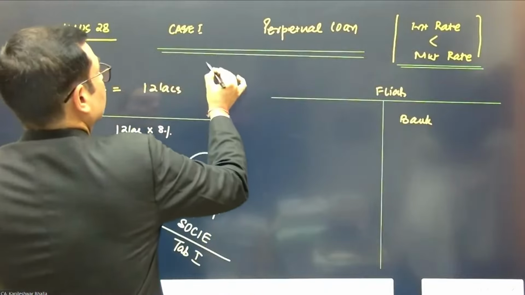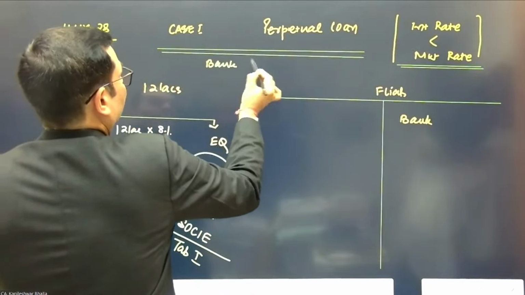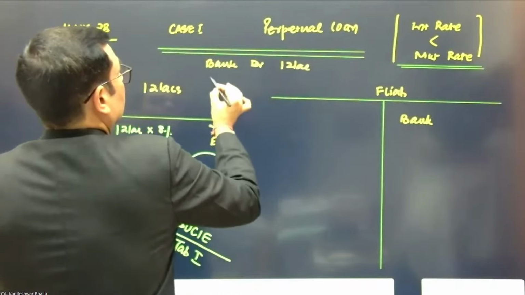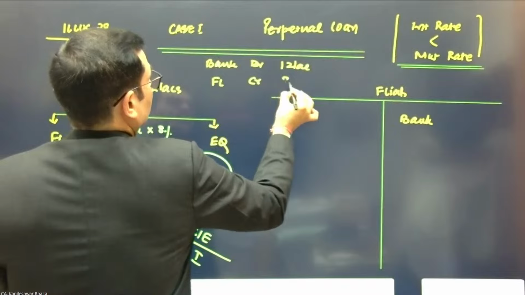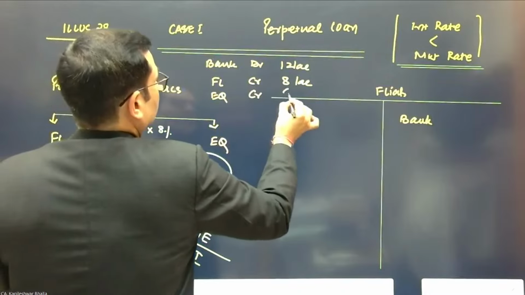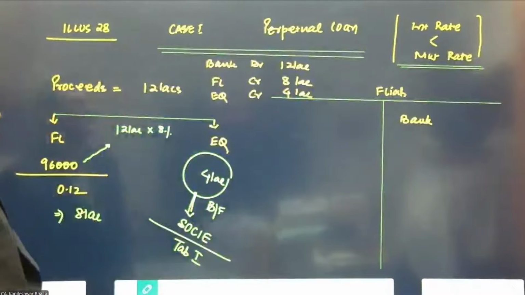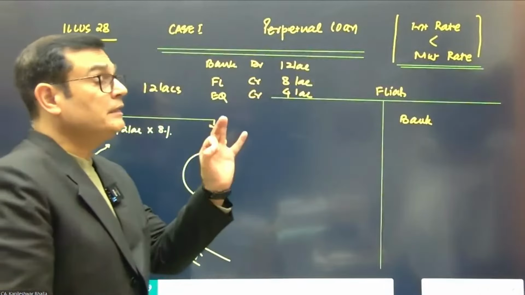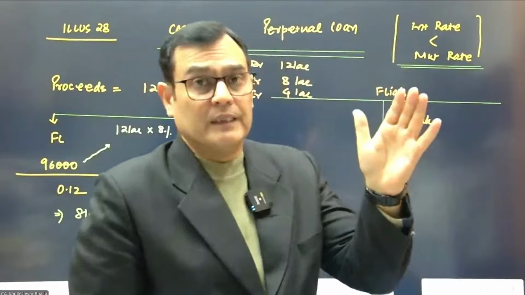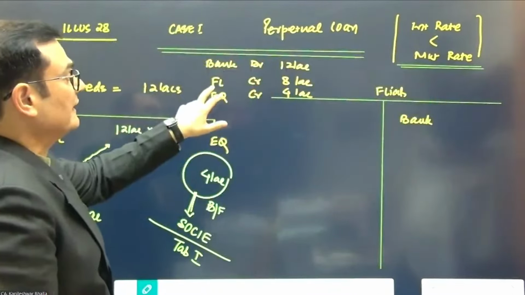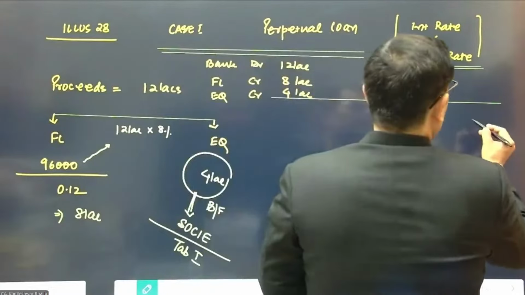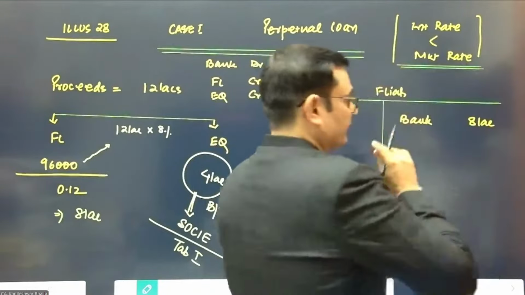The entry at the very start is: bank gets a debit of 12 lakhs, the financial liability component gets a credit of 8 lakhs, and the equity component gets a credit of 4 lakhs. This is the entry done at the initial recognition. So the financial liability gets recorded at 8 lakhs.